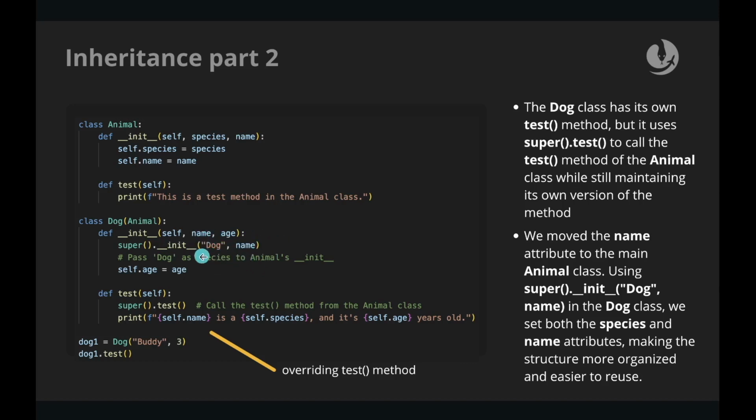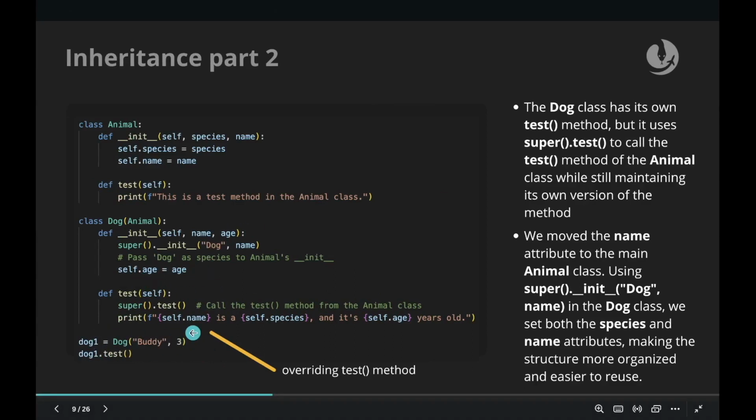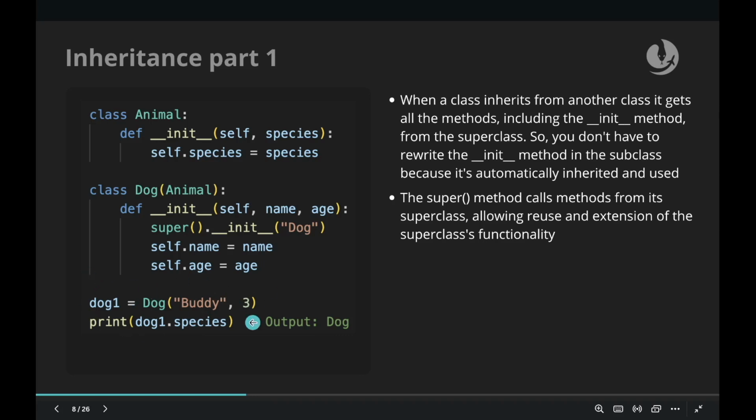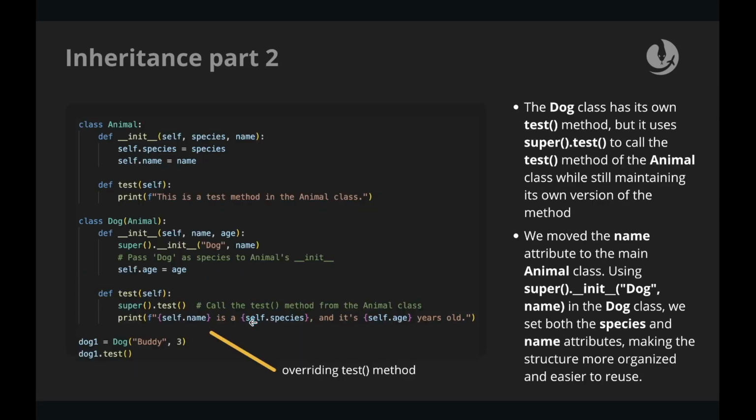The species is fixed because if we are referring to a dog class, it will always be a dog, but the name can be different. So here we are passing this name to the super init. Okay. And in the dog class, we just need to set self.age. Okay. So the instantiation looks exactly the same as over here. All right.